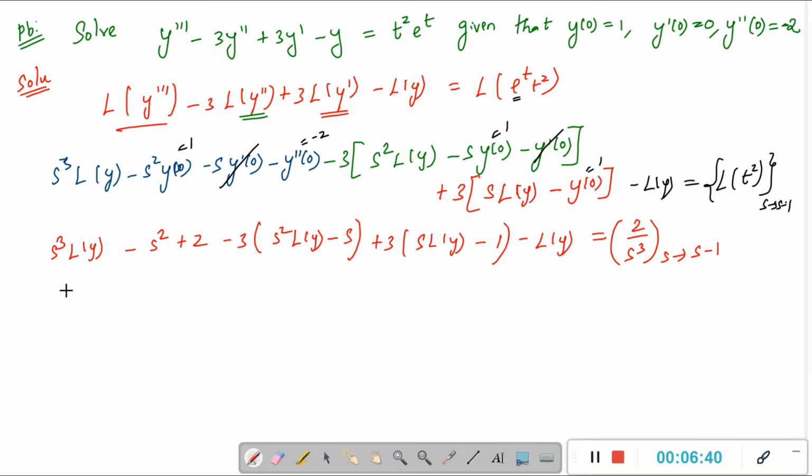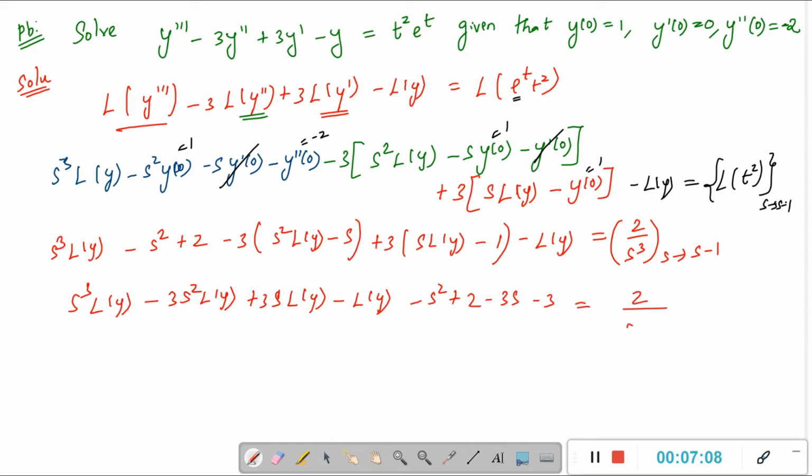After simplifying you may get s power 3 L of y minus 3 s square L of y plus 3 s L of y minus L of y minus s square plus 2 minus 3s minus 3 equal to 2 by s minus 1 whole power 3.